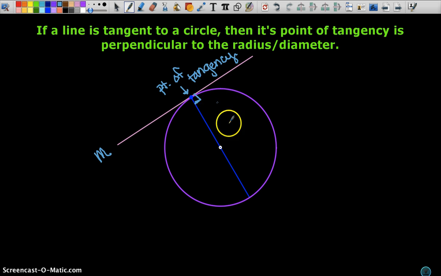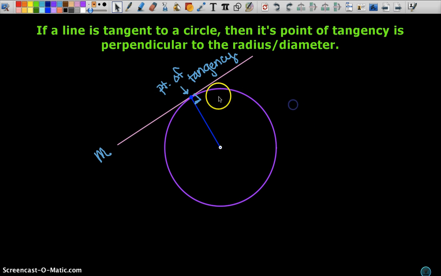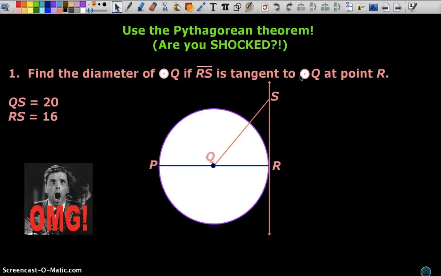Ta-da! Pretty cool, right? And it could work for it only being a radius also, if I could shrink that down and just make it a radius, still perpendicular to the point of tangency, always, no matter what. All right? So we're going to use that and use the Pythagorean theorem. Oh my gosh! I know you're surprised, right? Pythagorean theorem, geometry, oh my god.